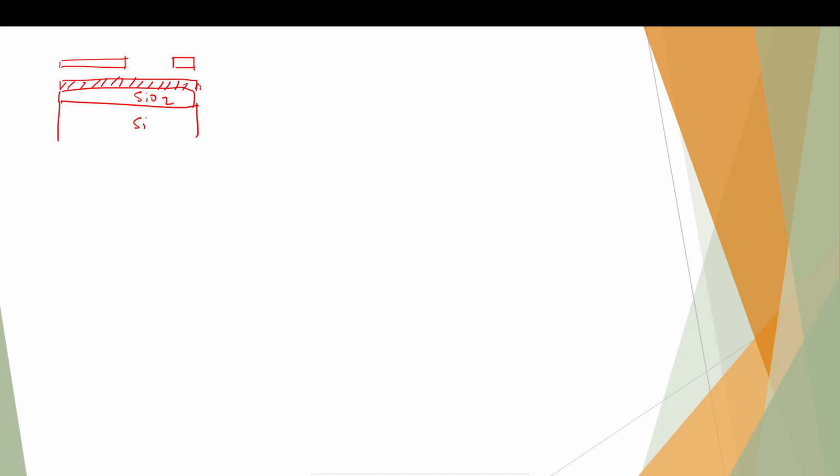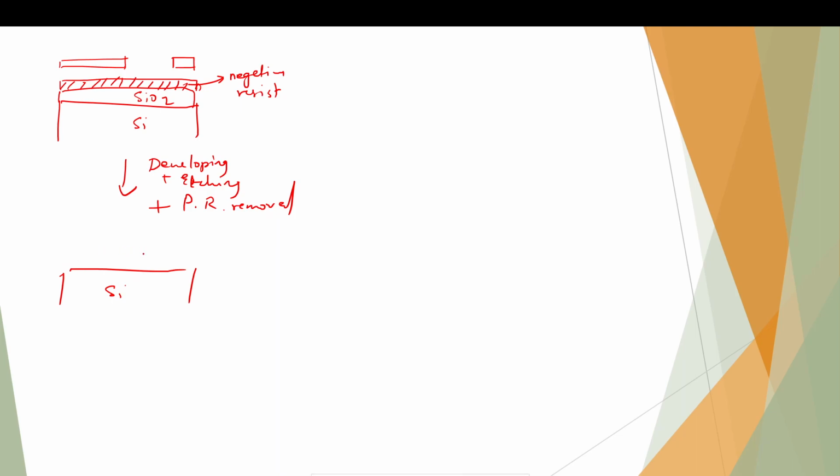Because I want to keep this region and remove the rest of the region. So, this is negative. Then after developing plus etching plus PR removal, just like we discussed in the previous question, I will get the silicon dioxide here, and the PR we removed by acetone, isopropanol or piranha, and now we have this.